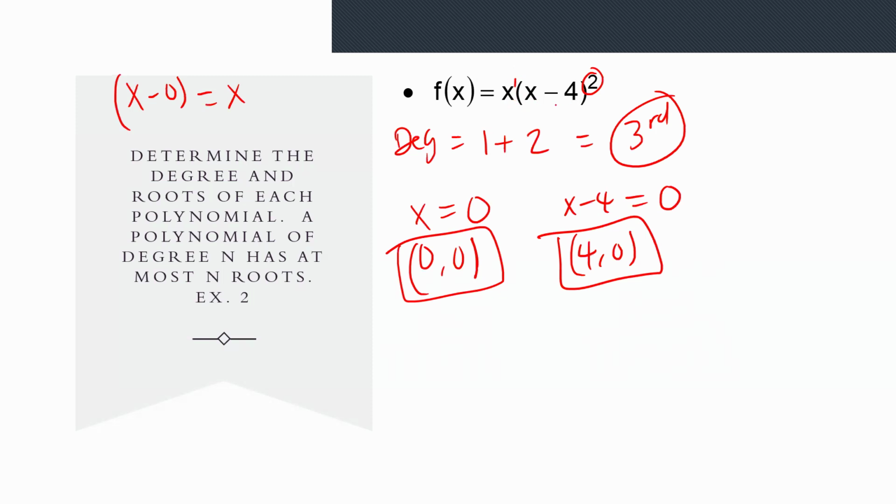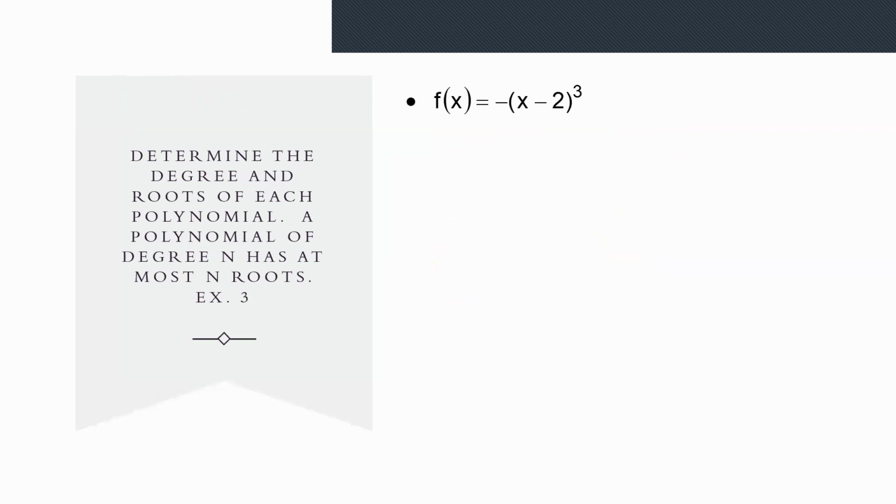You see how this is an x with the number? This is a factor. It has a power to it. So your degree is the power of that one plus the power of that one, which makes it a third degree. This one has no variable. This one has. So therefore it's a third degree.